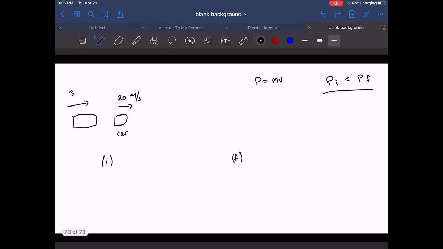This is what you want to do here. I'm looking at this situation. This is the initial situation, and I'm going to calculate the initial momentum. I'm going to calculate the momentum not just of the car and not just of the truck. We call it a system, the whole thing. This is a system, the car and the truck.